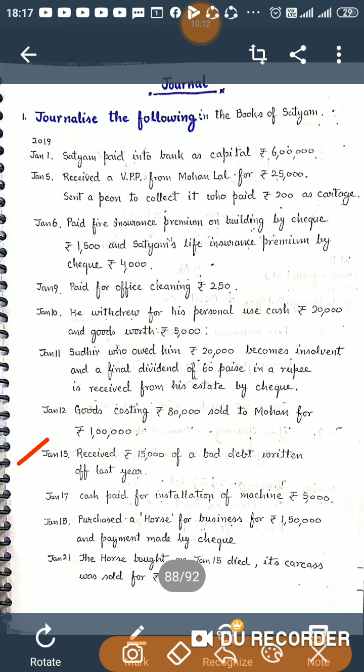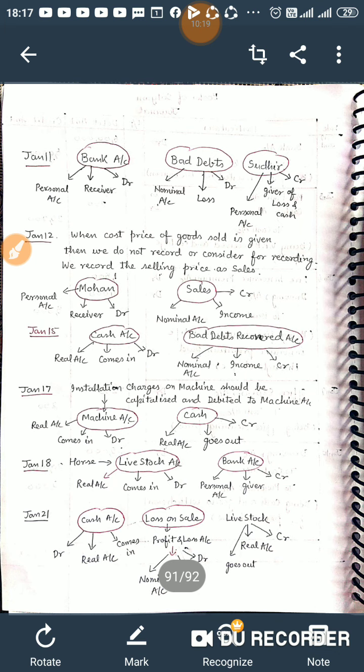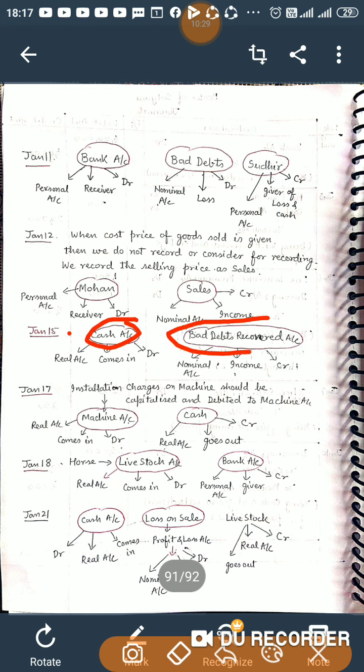So this is an income, and two accounts are involved: cash account and bad debt recovered account. Cash is a real account, it is coming into the business, so it should be debited.